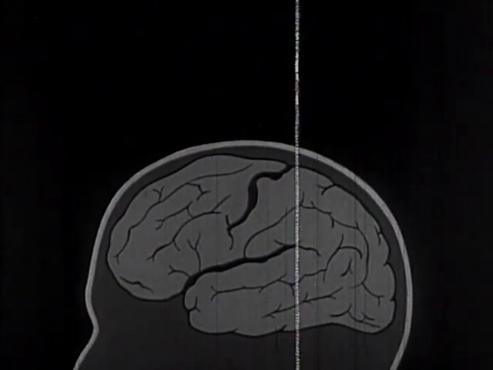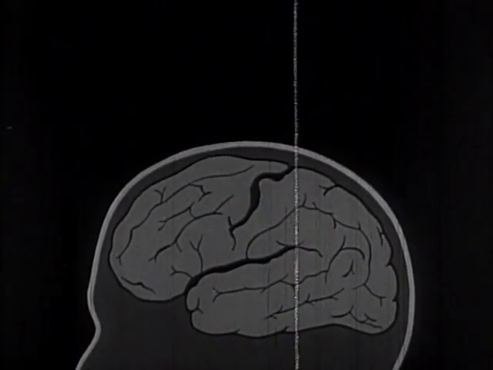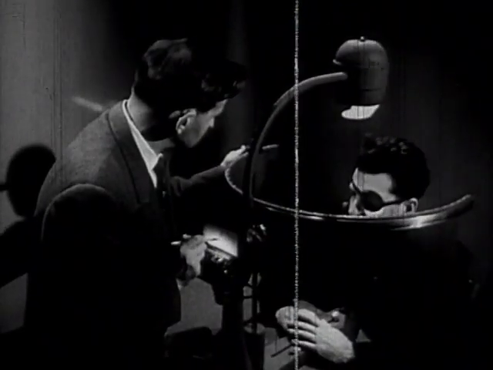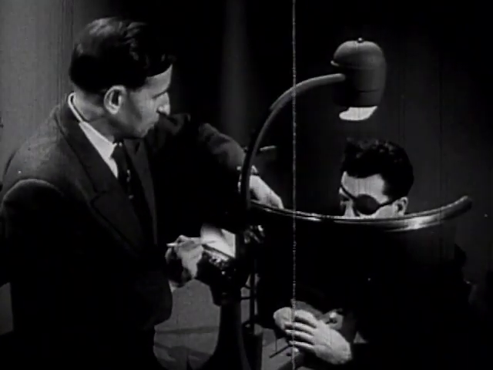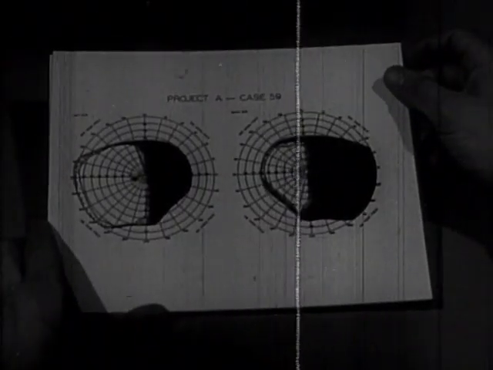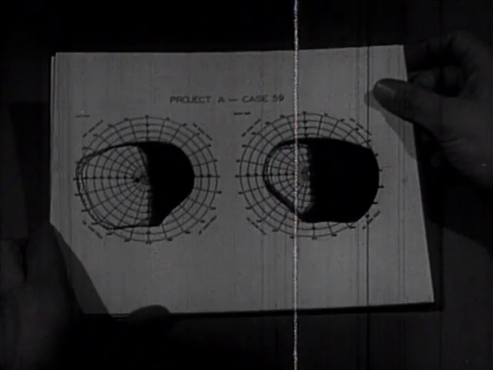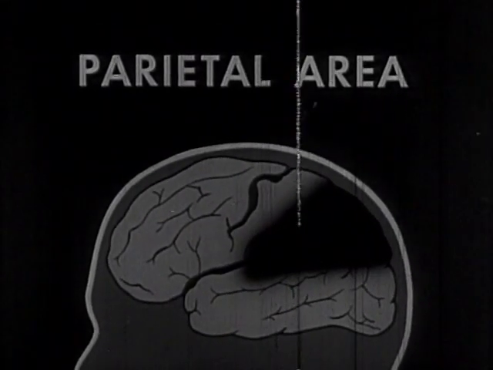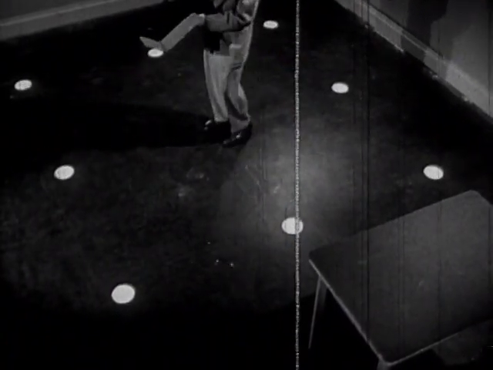Now let us sum up what we've learned about the function of the brain and behavior. Injury in the visual areas in the back of the brain produces regions of blindness, like the one in this visual field chart. Large parietal injuries can cause trouble with finding one's way about.